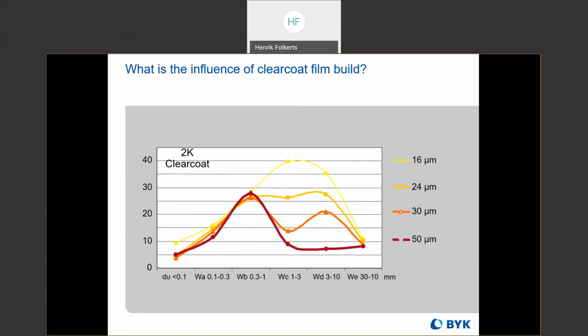Since the R value has very little sensitivity to short wave compared to long wave, your short wave changes are going to come mainly from substrate changes. So if you have a lot of variation in your substrate, then we would definitely say you should be looking at both the structure spectrum and the R value at the same time, because you're going to see changes in your smaller structures if you have a lot of variation in your substrate.